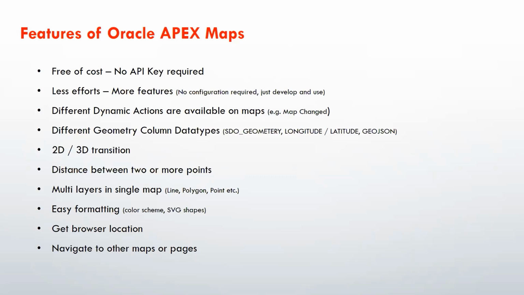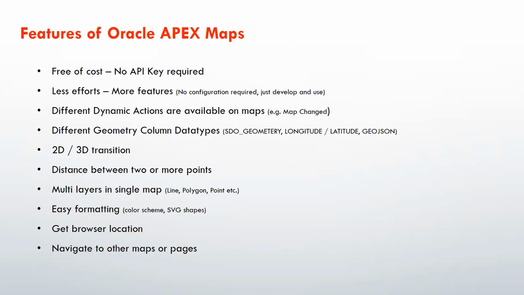One more facility we have available in Oracle Apex Maps is different types of database data types. For example, if our geographical data is available in longitude and latitude format, or if it is available in GeoJSON format, or there is one more data type available, its name is SDO_GEOMETRY. SDO_GEOMETRY is basically a type already available in Oracle database.